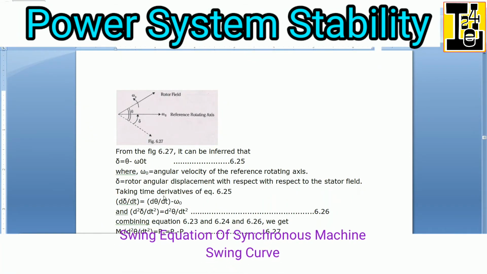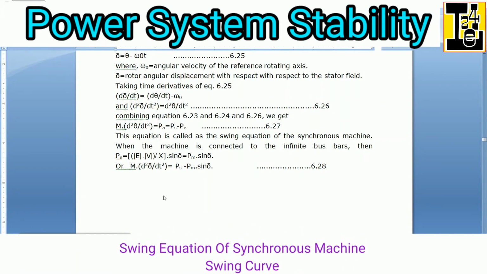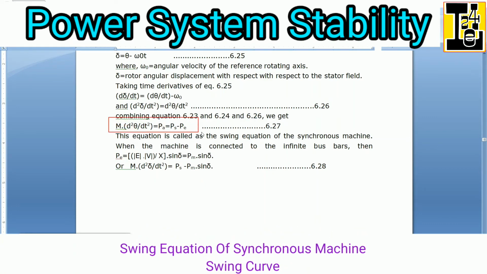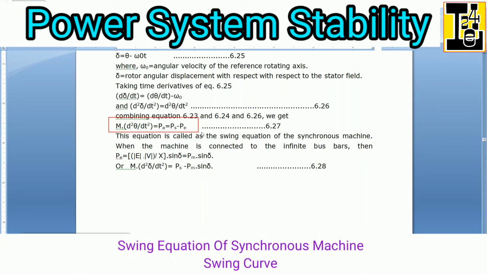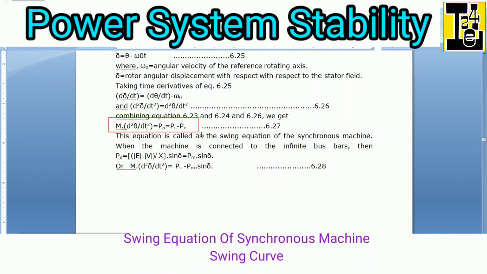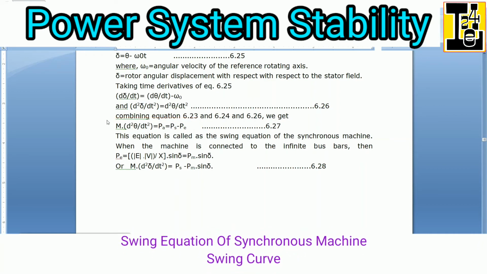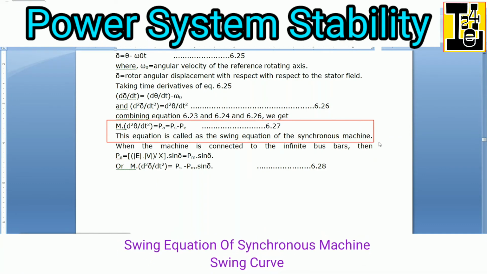And finally, after combining the equations, we will get M into d square theta by dt square equals PA equals PS minus PE. This is called the swing equation of the synchronous machine.